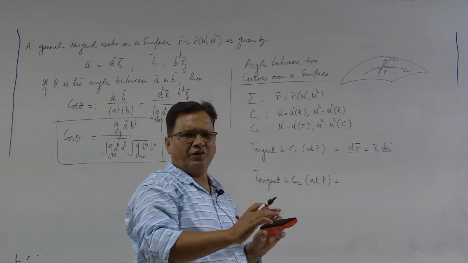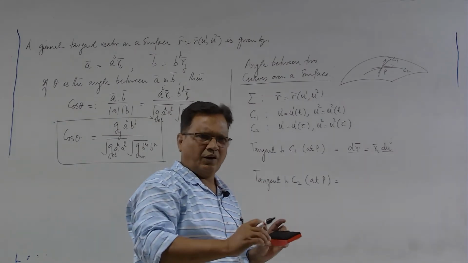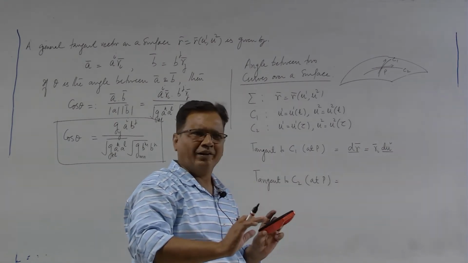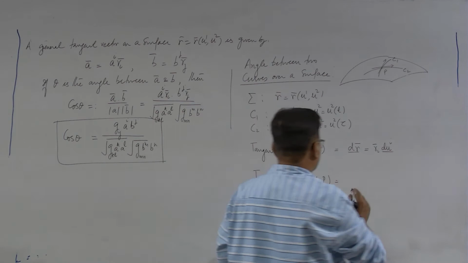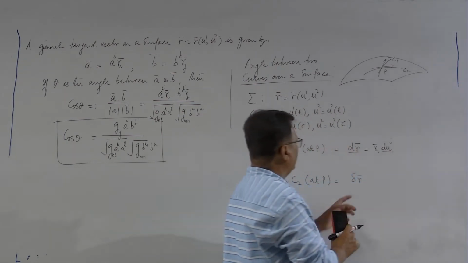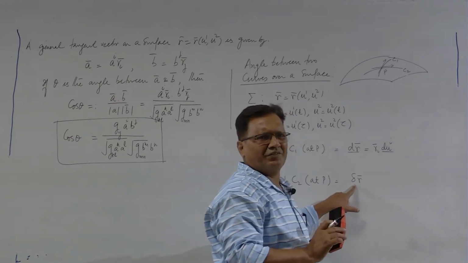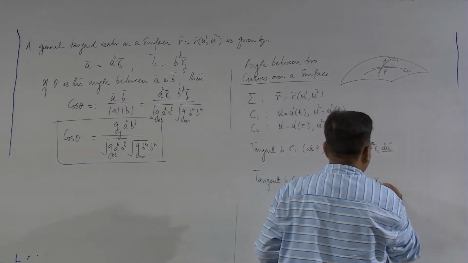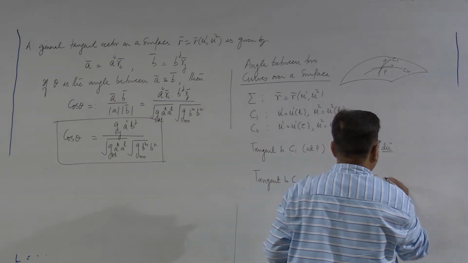Okay, so, I do not need to mention t and tau, d and delta will tell you on which curve you are moving. So, this is delta r instead of dr. It is not a new thing, it is the same differential. So, this will be some r_j delta u^j.